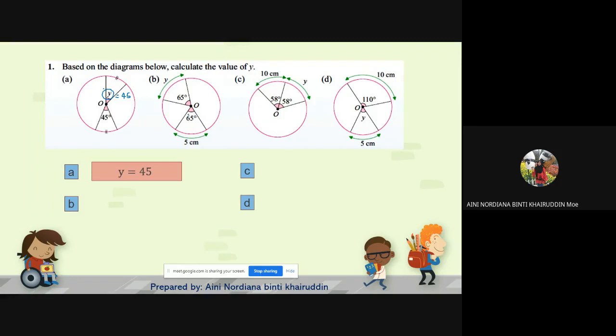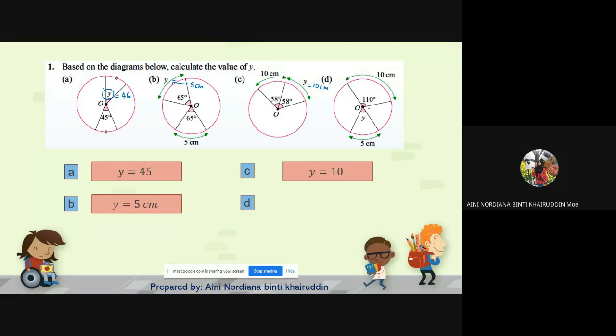So for B, the angles have equal size, meaning the length of arc also same. So y equals to 5 cm. C, same, the angles are equal, so the length of arc also equal, so y equals to 10 cm.